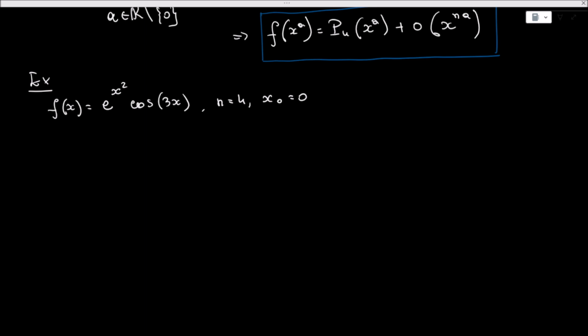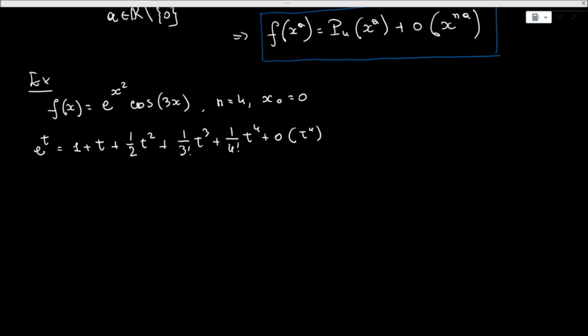We can use the expansion of e^t, the simple exponential, and we know that this will be 1 plus t plus 1/2 t squared plus 1 divided by 3 factorial t to the cube plus 1 divided by 4 factorial t to the fourth plus little o of t to the fourth. Of course, we are expanding this up to n equal 4.